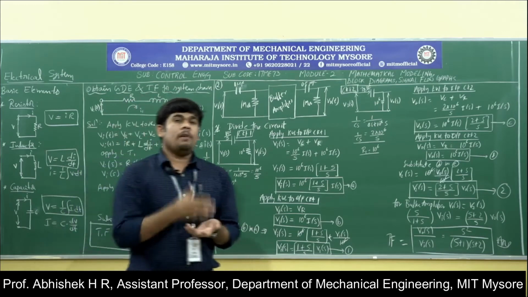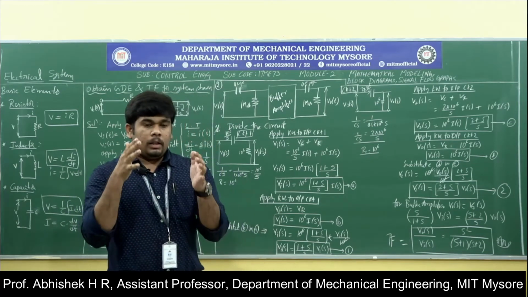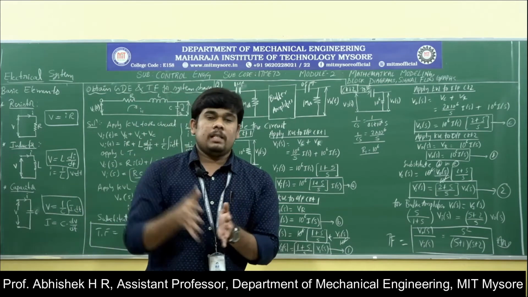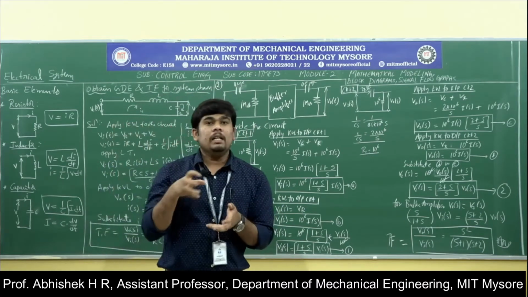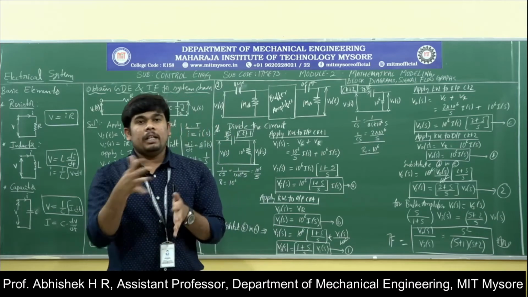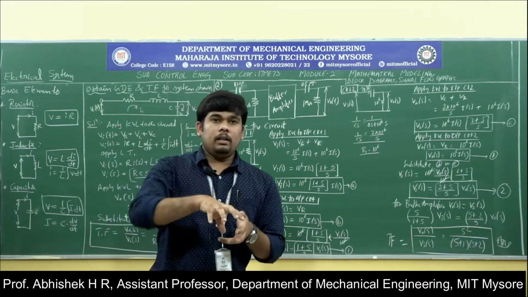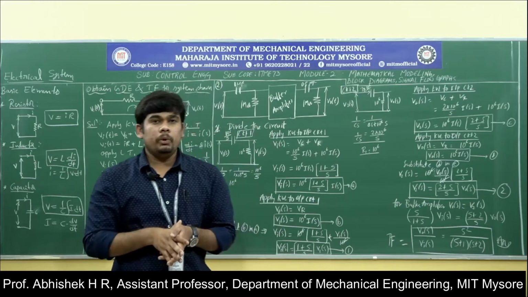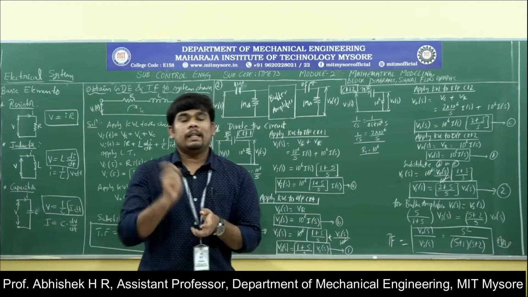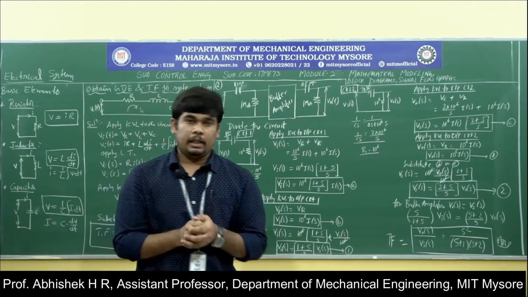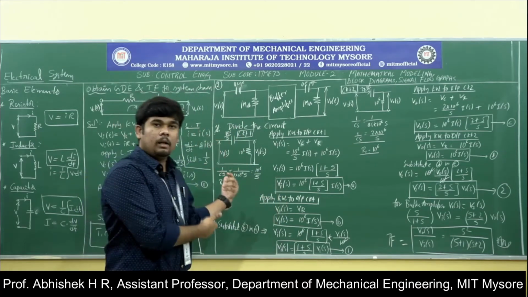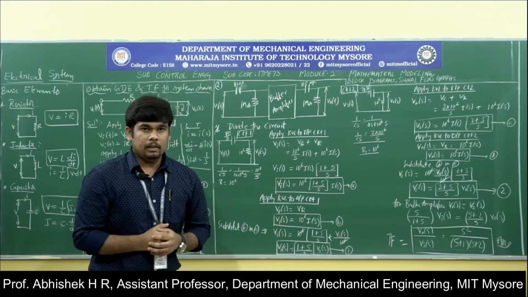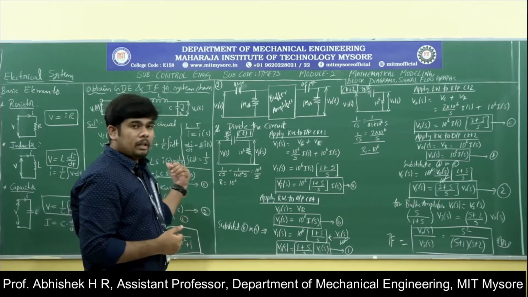As per Kirchhoff's voltage law, the voltage across the circuit is equal to the voltage in the individual elements of the circuit. In the same way, for Kirchhoff's current law, the current in the overall circuit is equal to the current in the individual elements of the circuit. Based on these two conditions, we are going to solve the problems in the electrical system. Okay, let us go with the problem now.